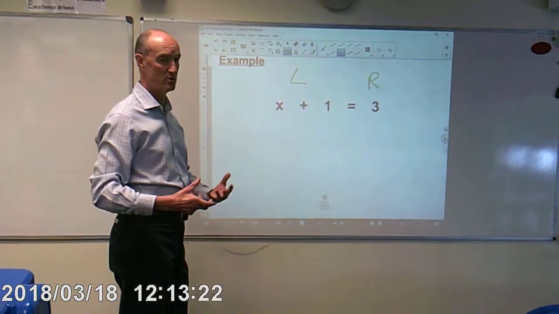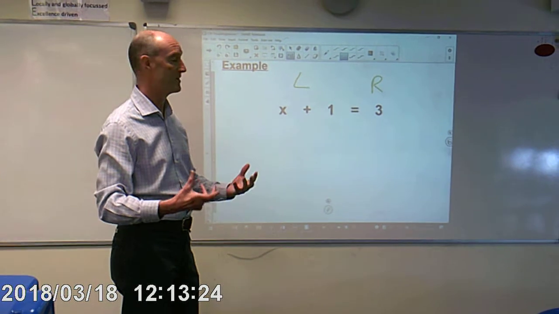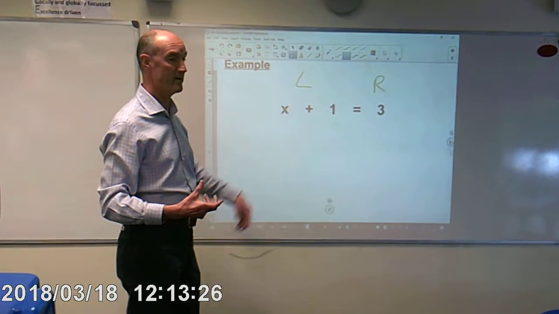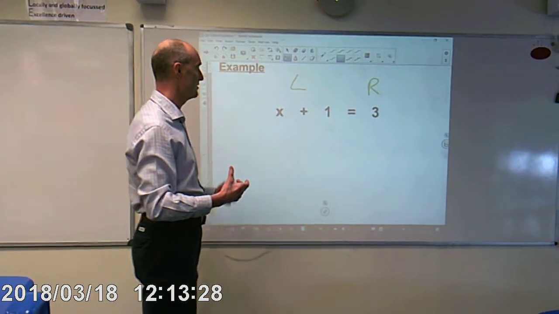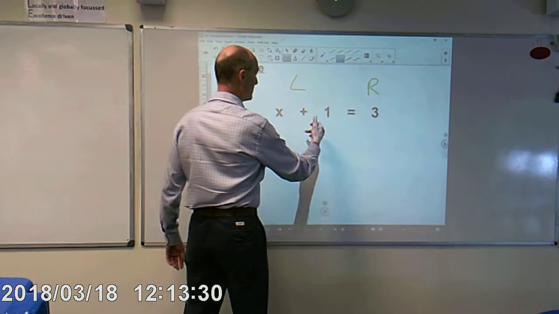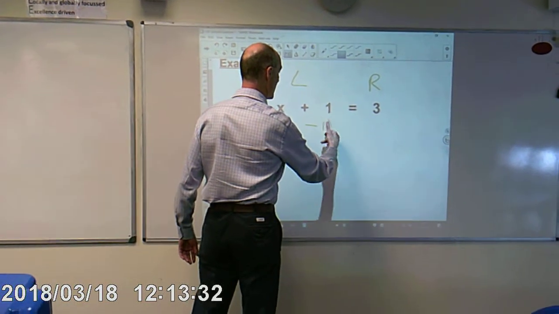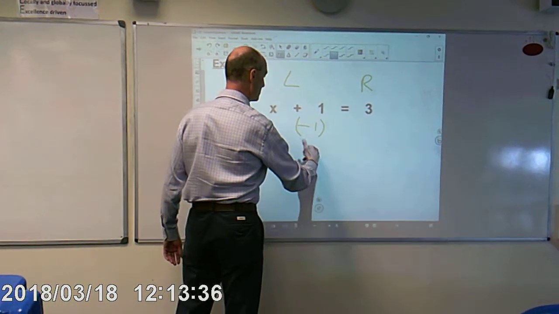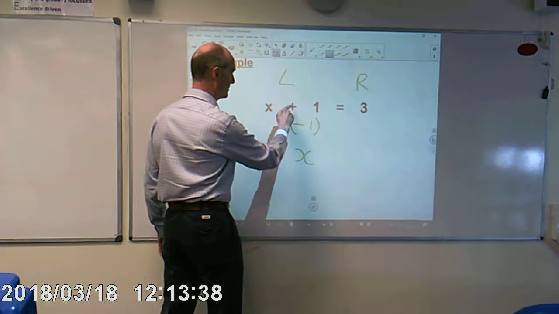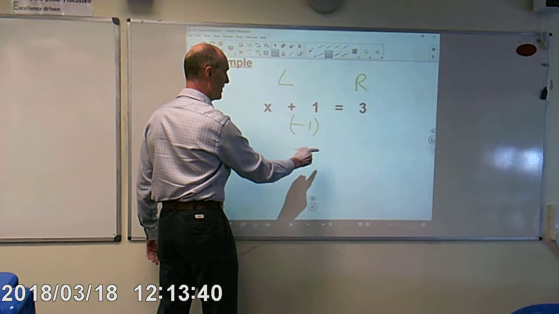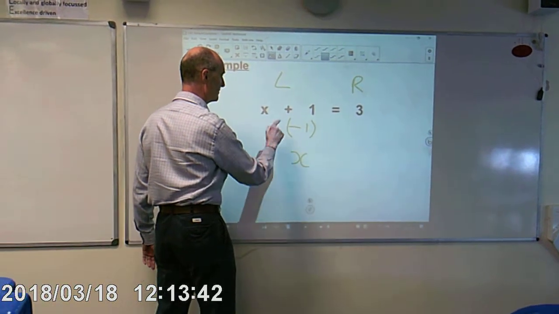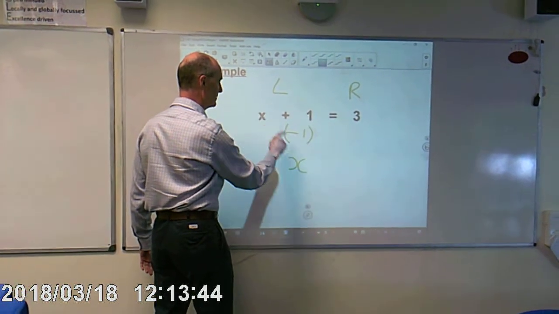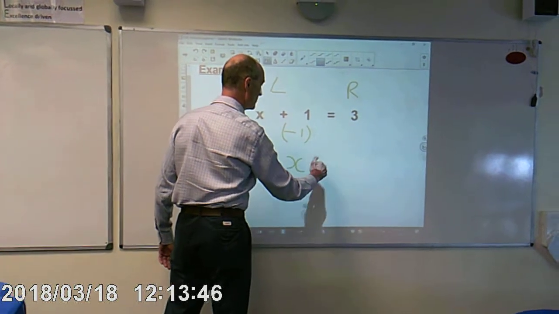That's what we're trying to do with the equation, to find the value of the variable. We're trying to get the variable, the x in this case, on its own. So the left-hand side, we want to take away 1. And that just leaves us with x. 1, take away 1, gets rid of that number, and it just leaves us with x on the left-hand side.